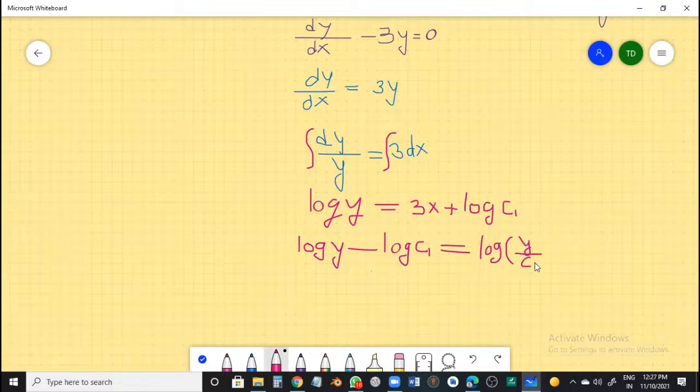Very good. And this is equal to, what is left over here? 3x. I just reduce this in log, and what I'm left with on the right hand side is 3x. Do you agree?